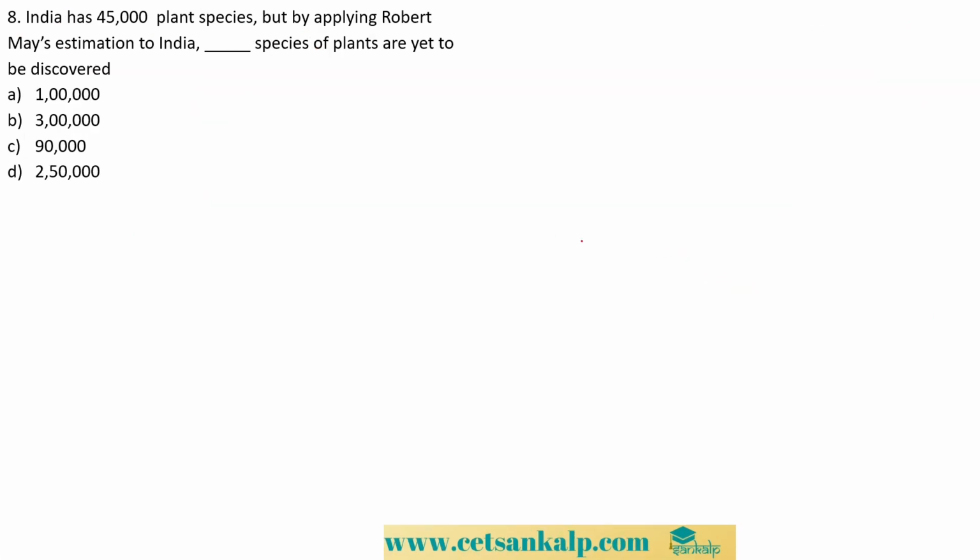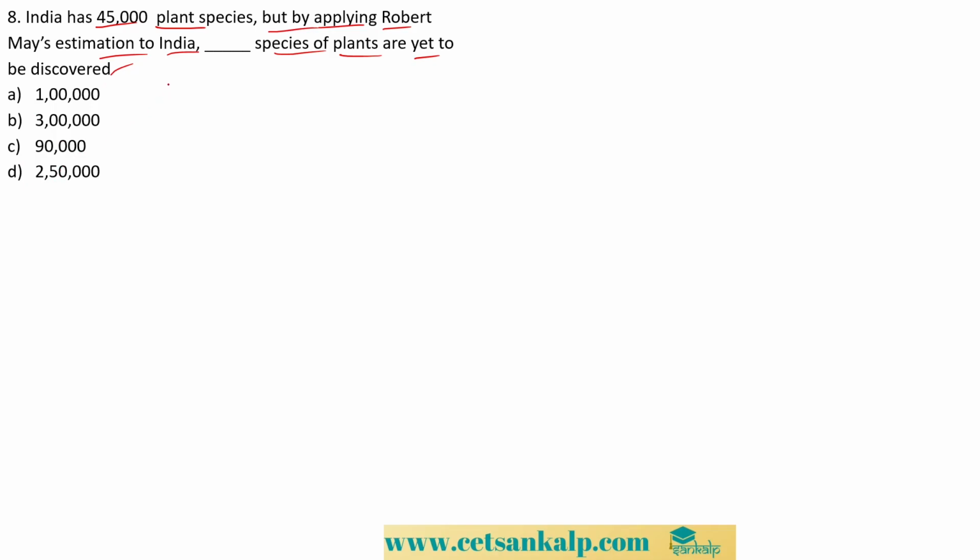Now, moving on. India has 45,000 plant species. By applying Robert May's estimation to India, the species of plants yet to be discovered are: 1 lakh, 3 lakh, 90,000, or 2 lakh 50,000.